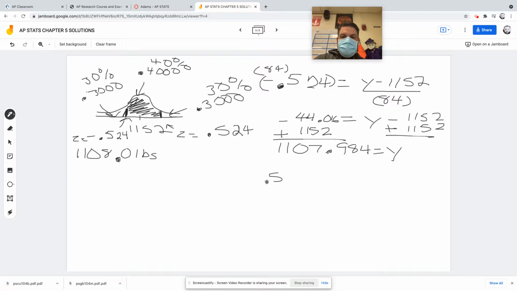So we do the exact same thing, but we do it with positive 0.524. I keep wanting to say 0.542. So I get y minus 1152 over 84. Tell me what I do next. Multiply by 84.